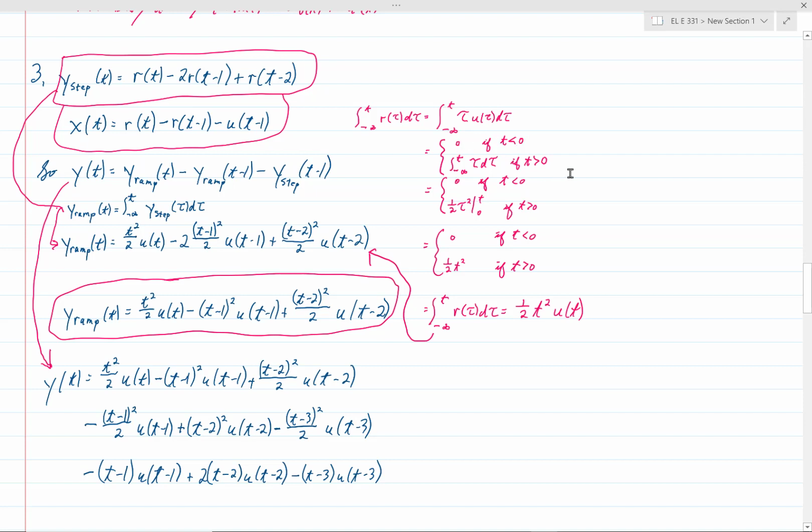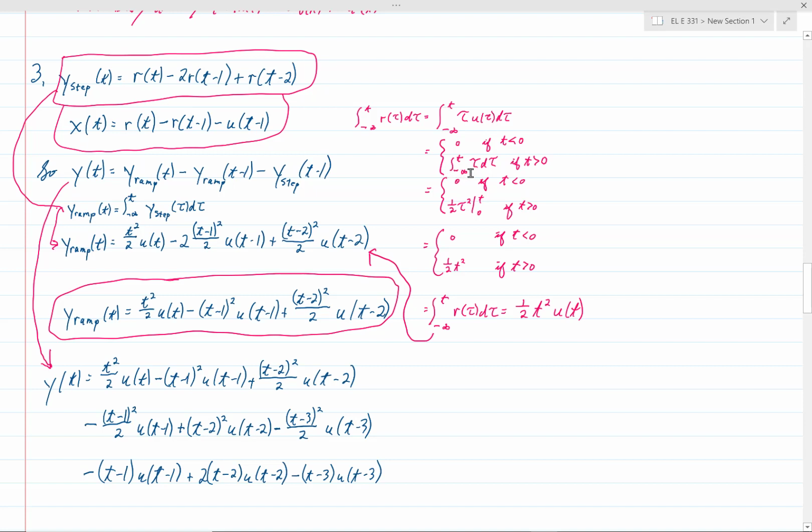On the other hand, if t is greater than 0, then we can say that this is equal to the integral from, and actually even here I need to make a change, that lower limit can become 0. Why? Because when tau is less than 0, we don't even have to consider it, because then u is equal to 0.